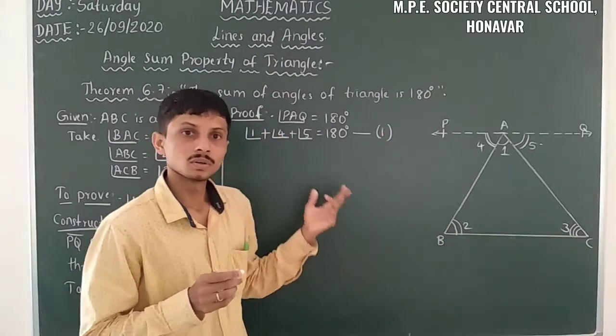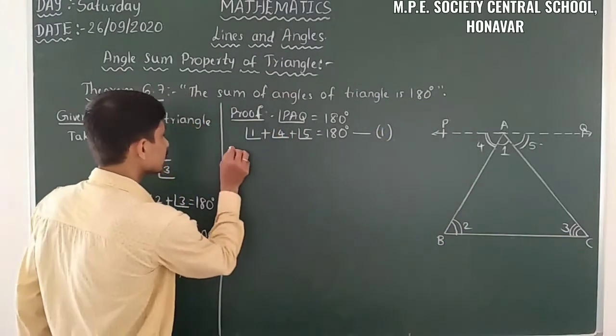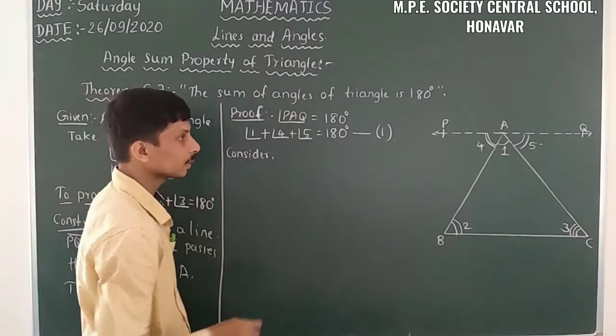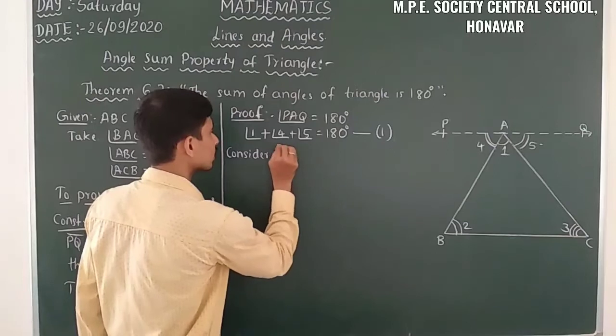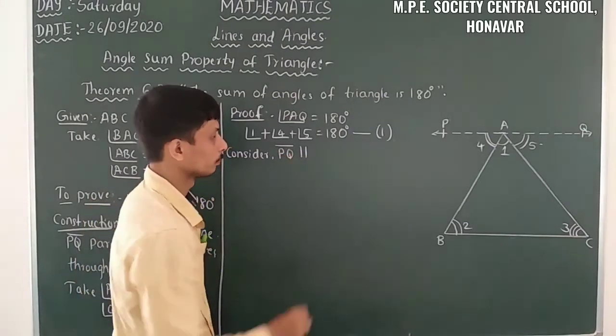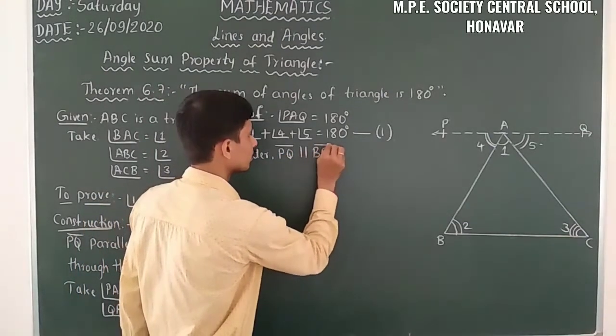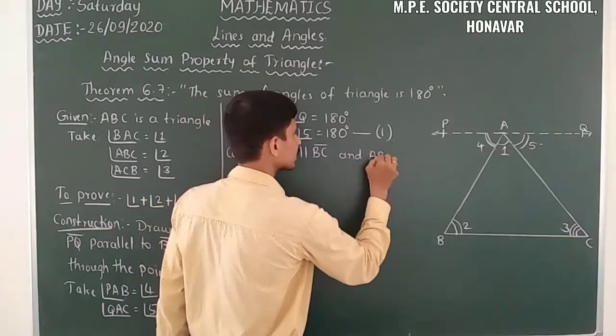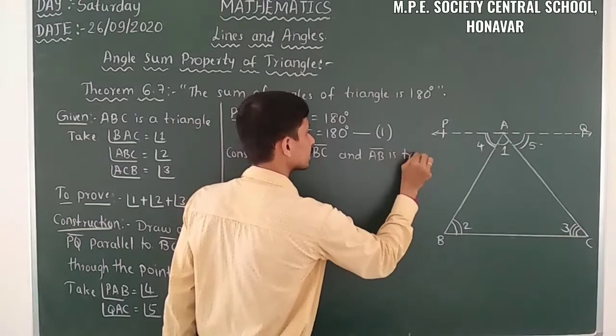So here consider PQ is parallel to BC and AB is a transversal.